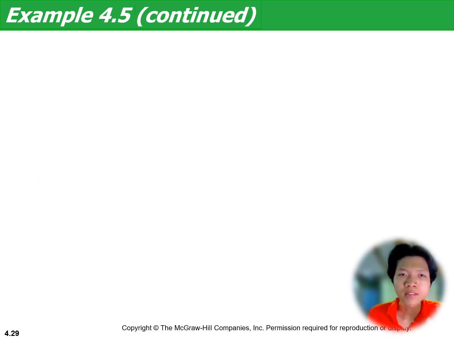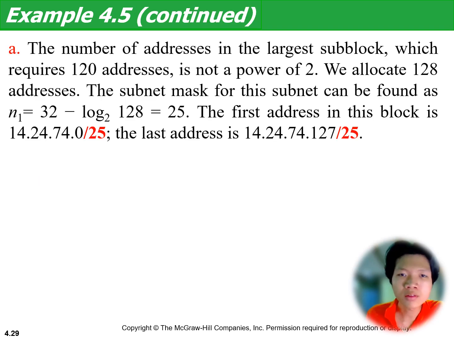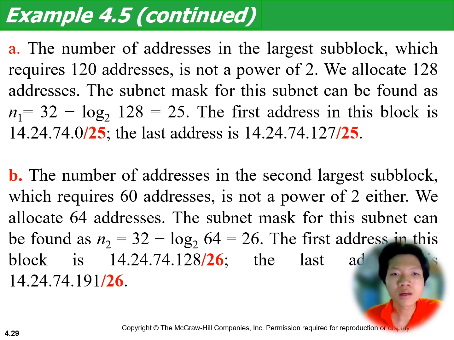Example 4.5 continued. A. The number of addresses in the largest sub-block, which requires 120 addresses, is not a power of 2. We allocate 128 addresses.